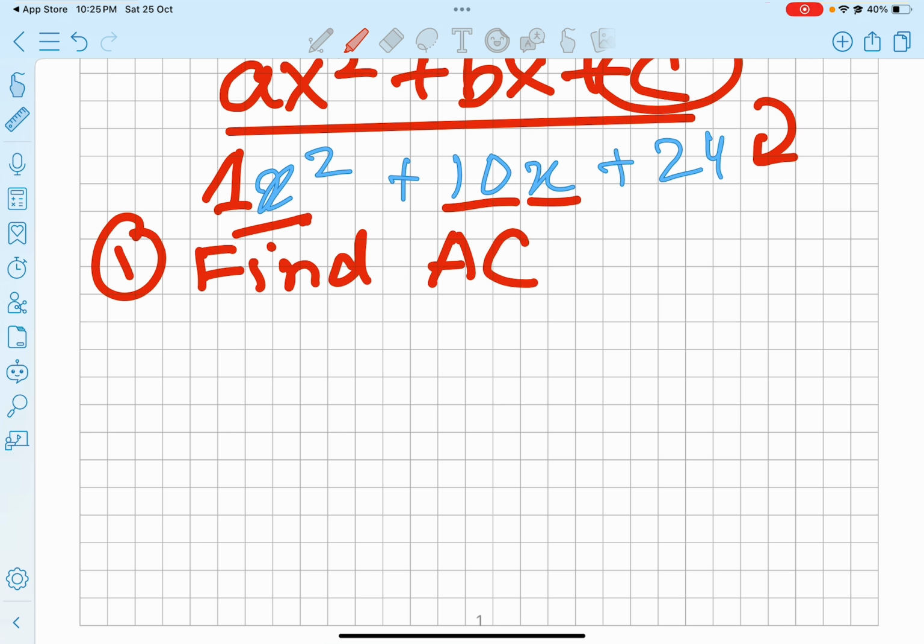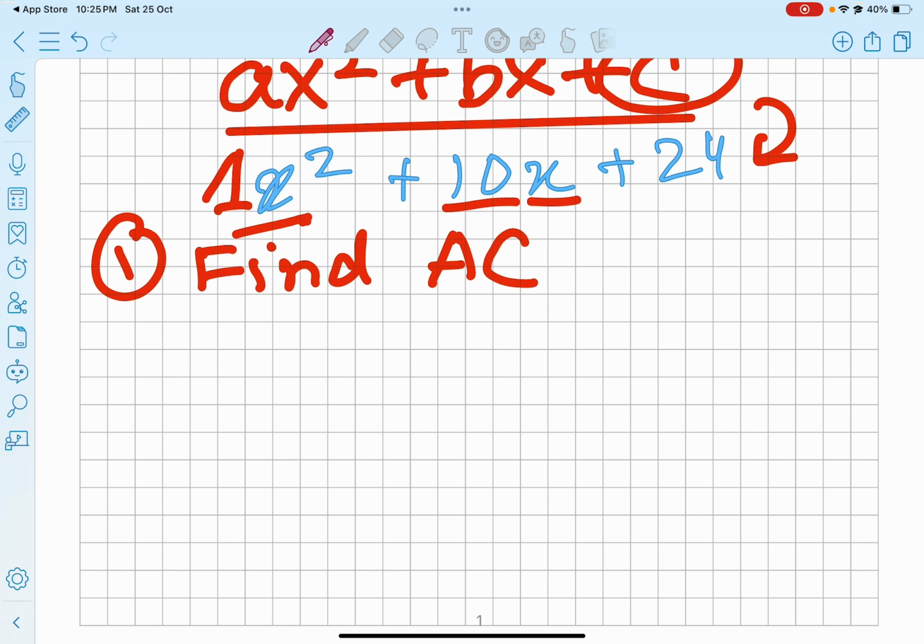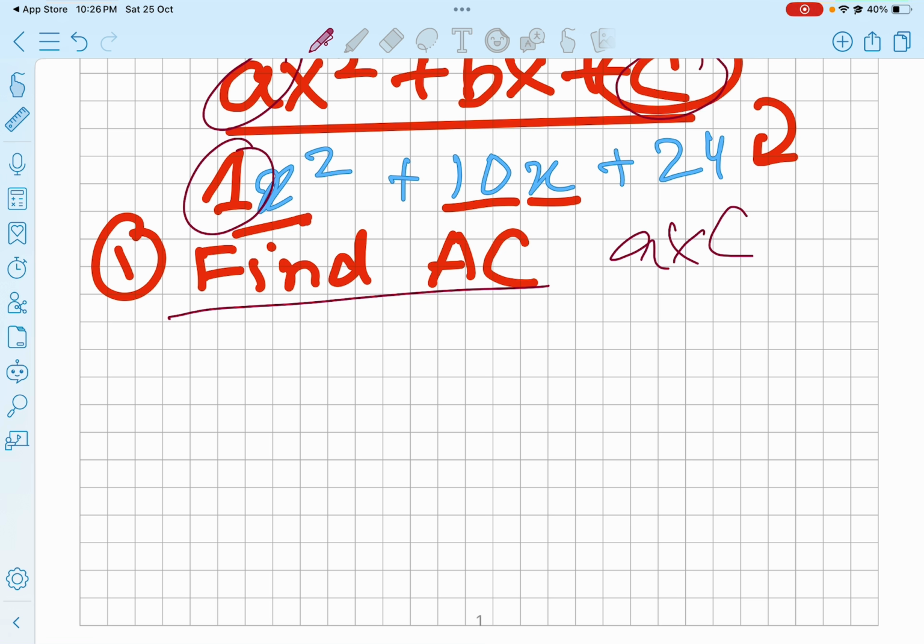There is a very important step-by-step method. AC means A into C. A is 1. What is the C? 24. So 24 into 1, obviously 24.